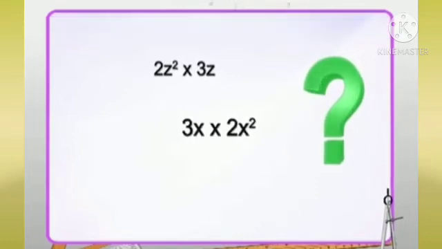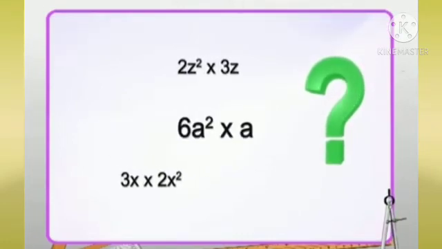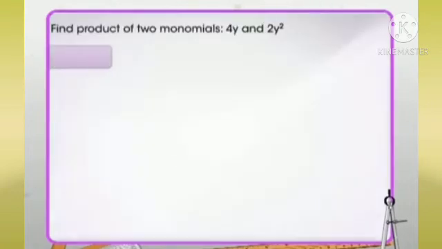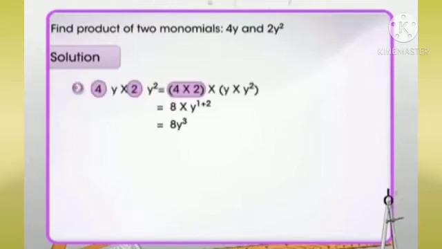Let's now consider some more examples to understand the product of monomials better. What about 4y into 2y square? Here, the coefficients 4 and 2 are multiplied first and then the algebraic parts of the first and second monomial, that is y and y square, are multiplied.